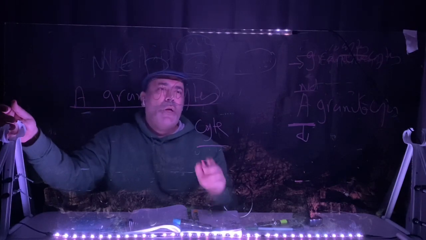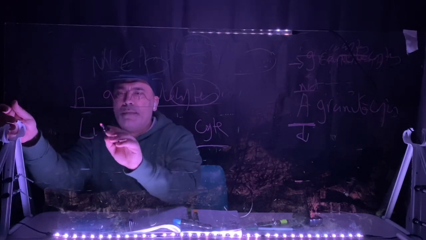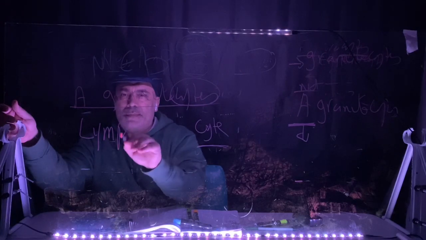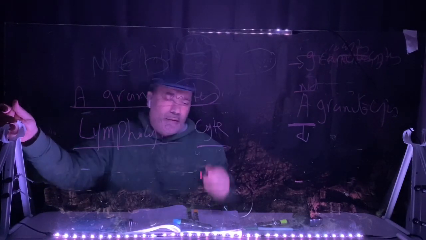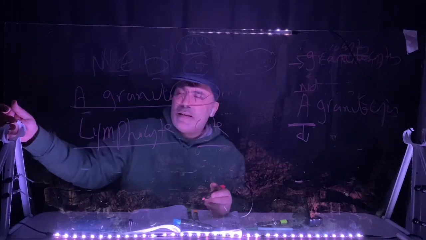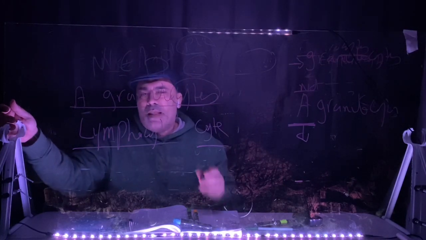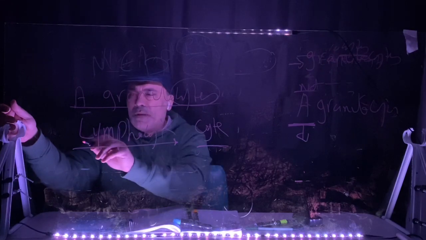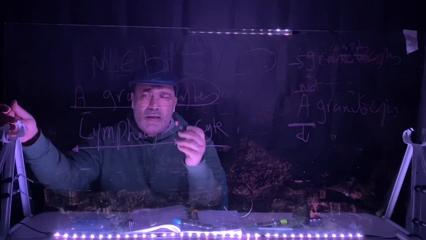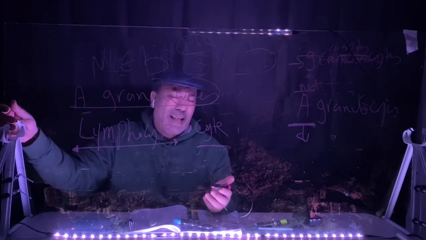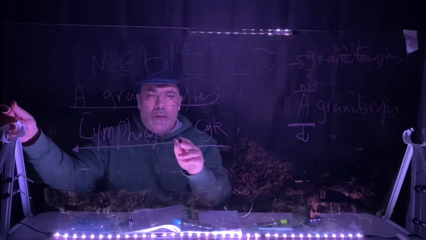So the first one is the lymphocyte. Lymphocytes are made by the lymphatic system or the immune system, and this is very important. It has a spherical nucleus, and the cytoplasm is clear, without granules.